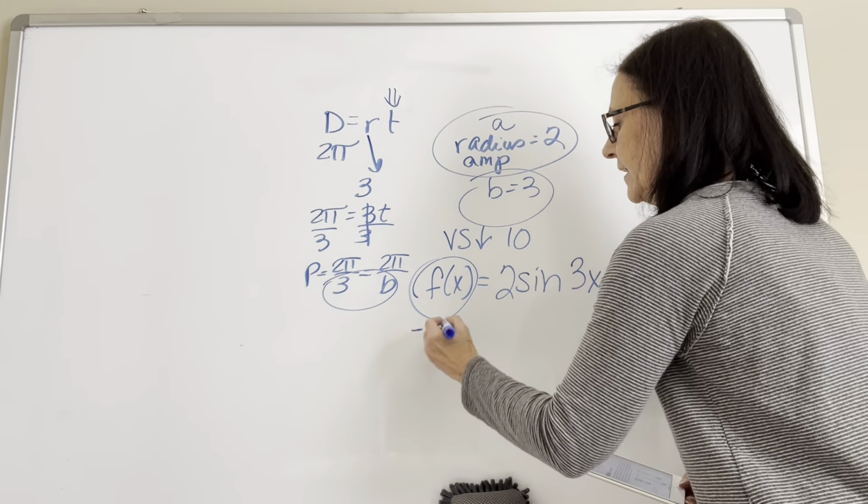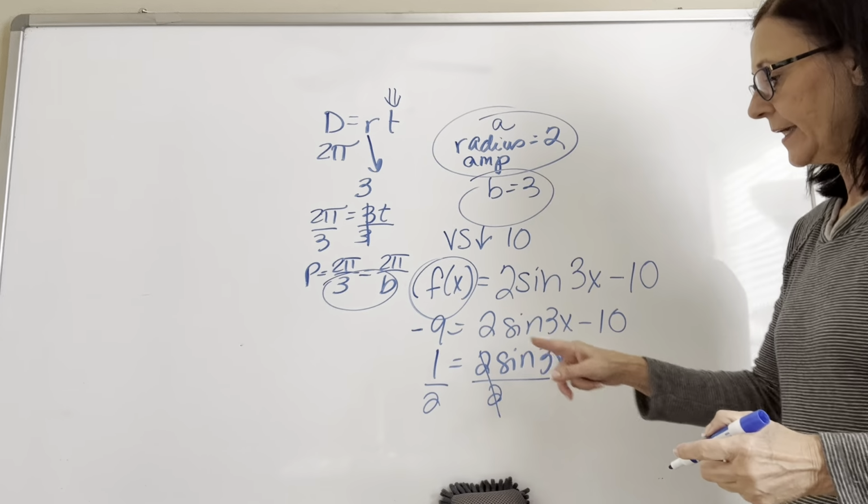So we have -9 equals 2 sine of 3x minus 10. Add the 10 on both sides, and you have 1 equals 2 sine of 3x. Divide by 2 on both sides. So you have the sine of 3x is 1/2.